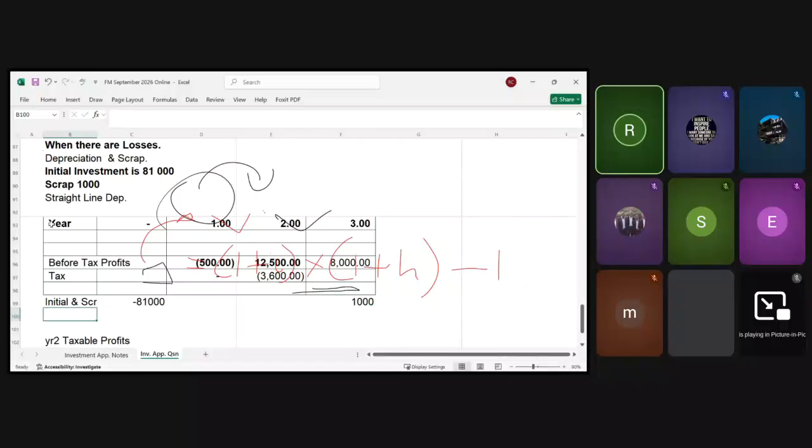What do I need to do? I am going to write after that, tax on scrap. I'm going to calculate my tax on scrap, assuming that my tax is rising in the same year. I'm going to multiply 30% times this.